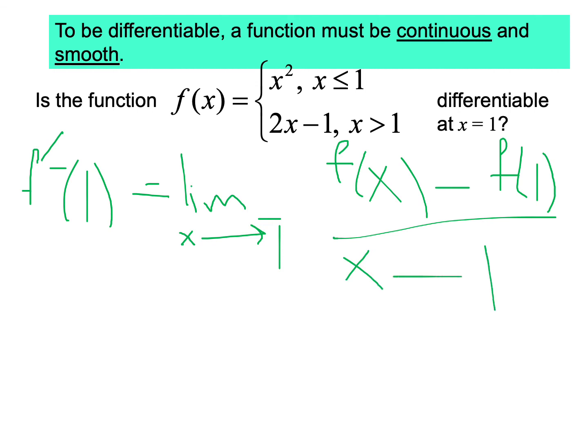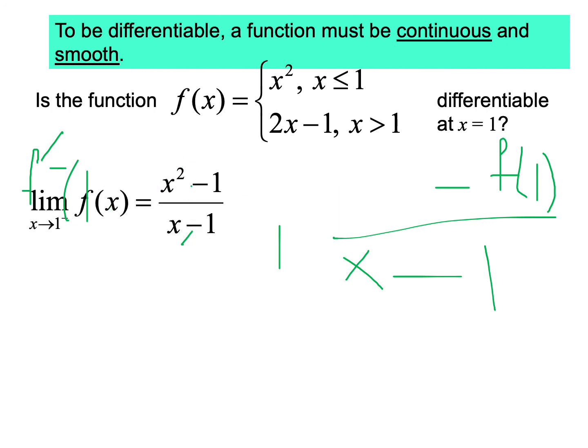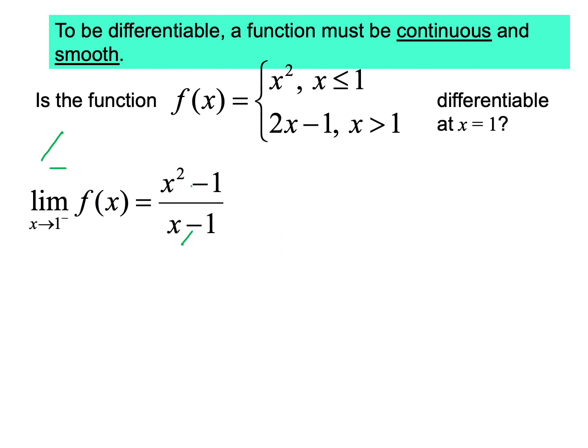If this derivative exists, we should then check the derivative from the right. So let us first find this one. When I replace f of x, which function do I get? I get x squared, because from the left it's this one, as this is the left of 1. So x squared minus f of 1, which is 1, over x minus 1.